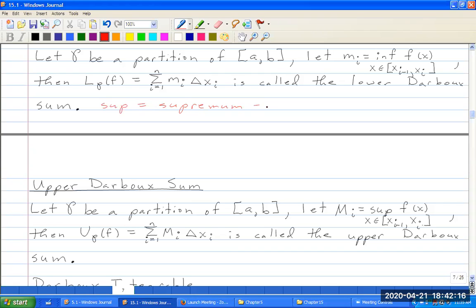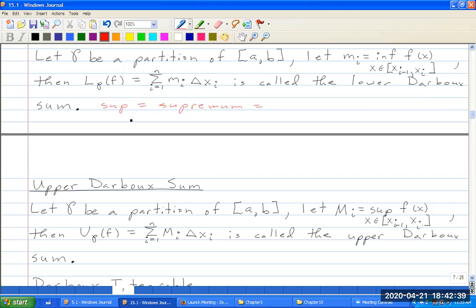It is the greatest lower bound. It's the smallest. Supremum is the, I wrote the wrong one. It is the least upper bound.